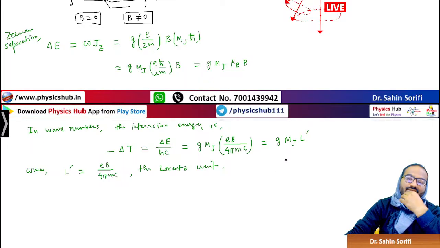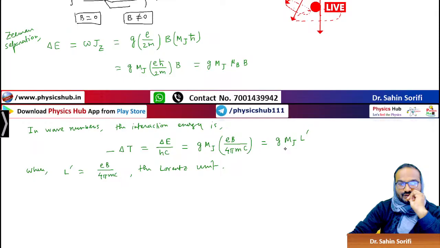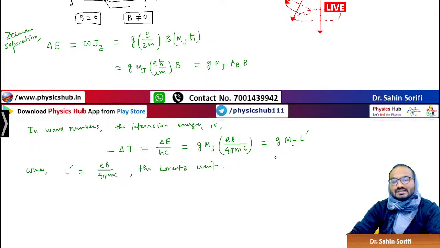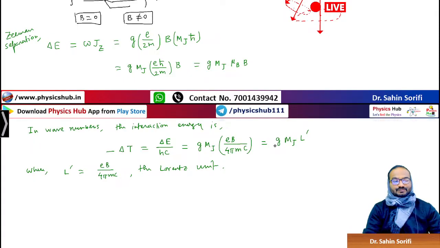And now you can see previously it was separated by 1 unit. Now the separation depends on the G value.